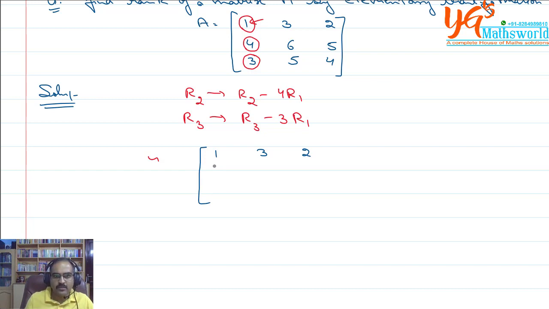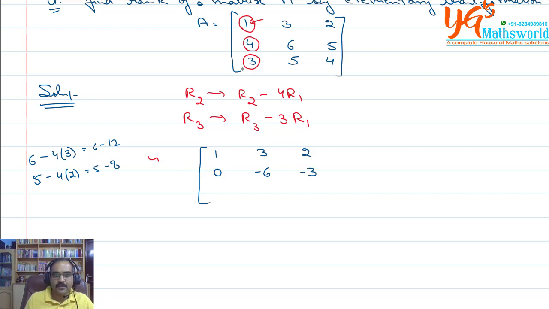Now 4 minus 4 is 0, 6 minus 4 times R1, R1 is 3, so 6 minus 12, it will be minus 6. The next element we have 5 minus 4 times 2, so 5 minus 8, that is minus 3.